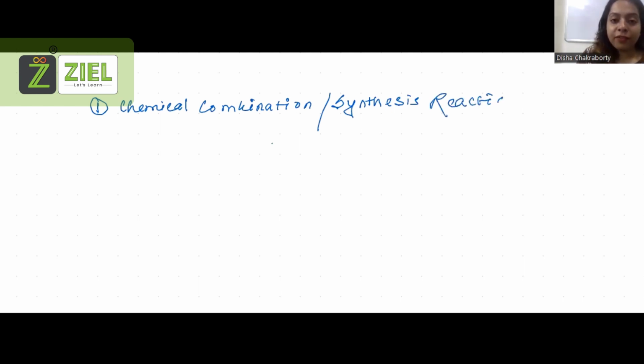From the name itself, we can understand that two or more substances will combine over here to synthesize or form one or more new products. Skeletally, this equation is represented as A plus B gives us AB.